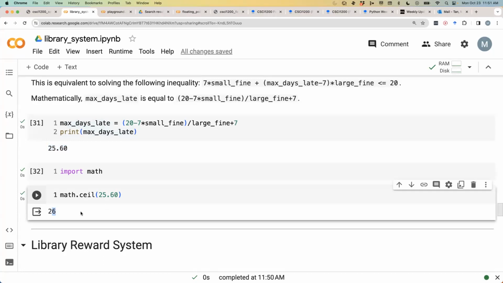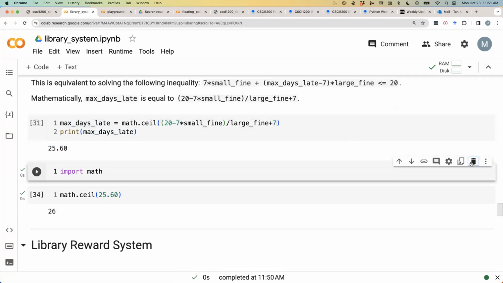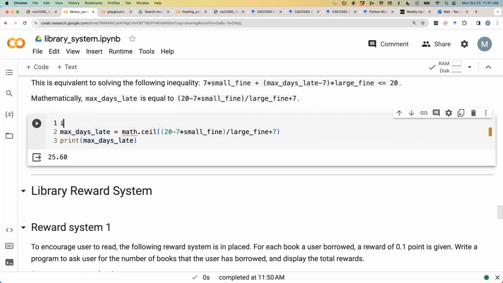So the total fine displayed to the user will be $20. The maximum days late here will be math.ceil of this. Now we have our final code for computing maximum days late, which will give you 26.